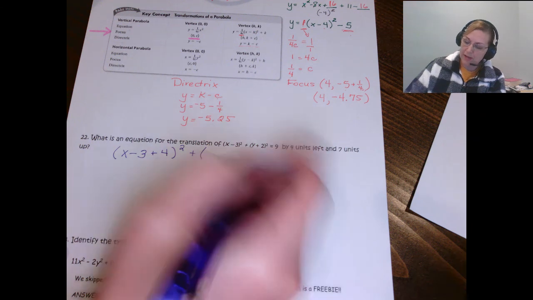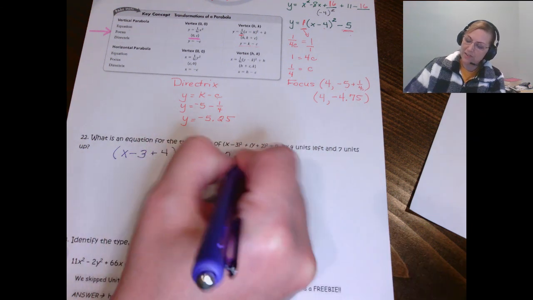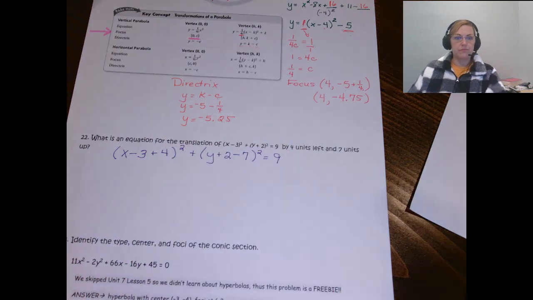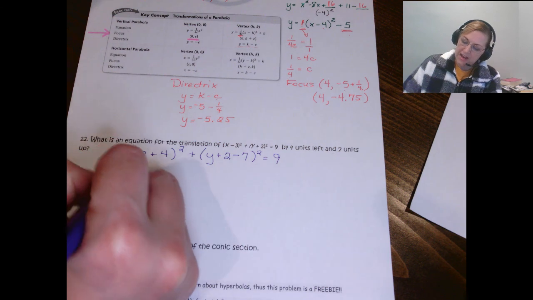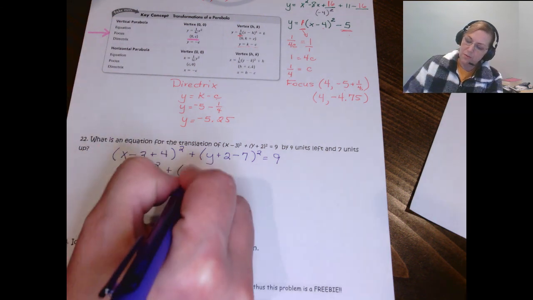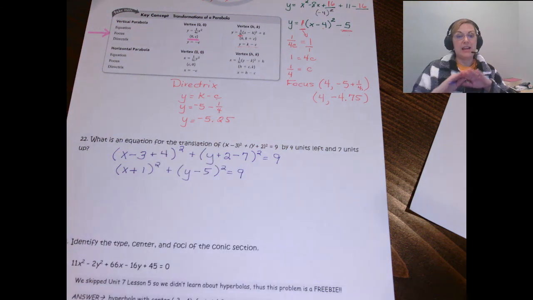Same is true with the y's here, right? If I want to go 7 up, I actually got to go -7. Okay, so I've got x plus 1 squared plus y minus 5 squared equals 9, and I'm done.